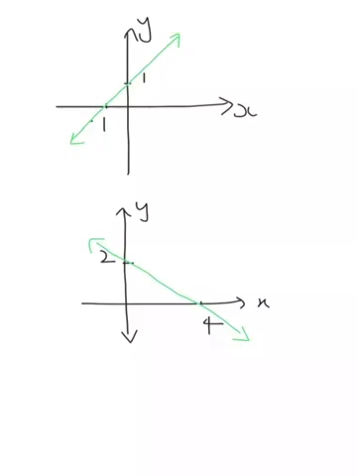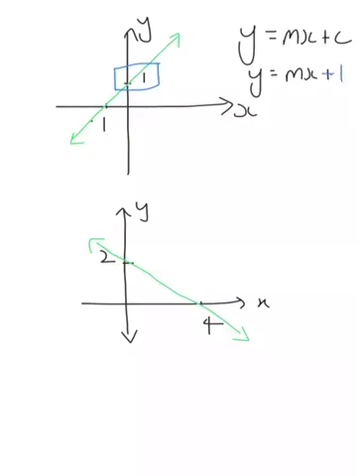If we've got lines that are drawn and we want to find the equation of it, we think about the equation y equals mx plus c. C is where it cuts the y-axis. We can see that it cuts the y-axis at 1, so that means I need to have y equals mx plus 1. Then I go to the slope. I've got 2 points.